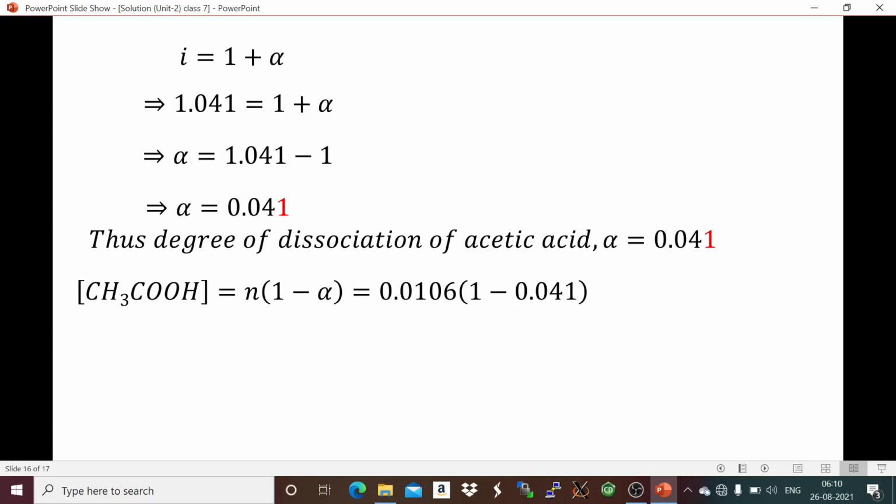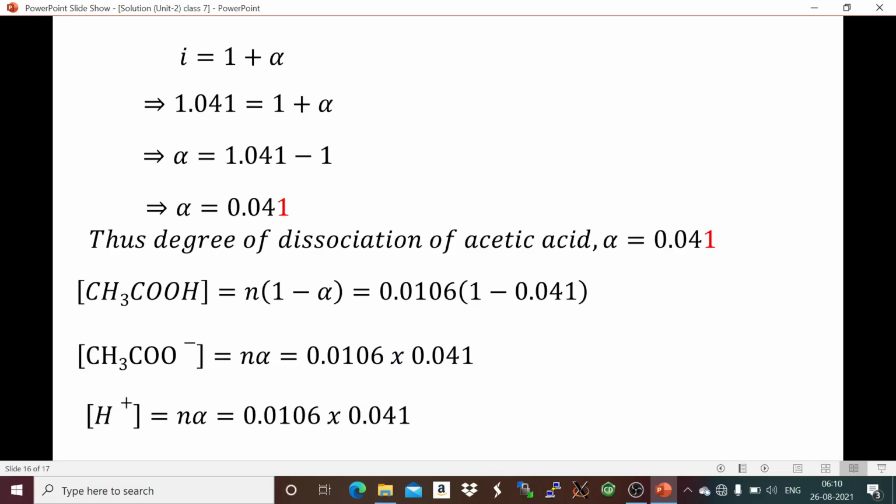Now from this we can calculate the concentration of acetic acid, which is n(1 minus alpha), with the values of n and alpha. Acetate ion is n alpha, and H positive is calculated similarly.